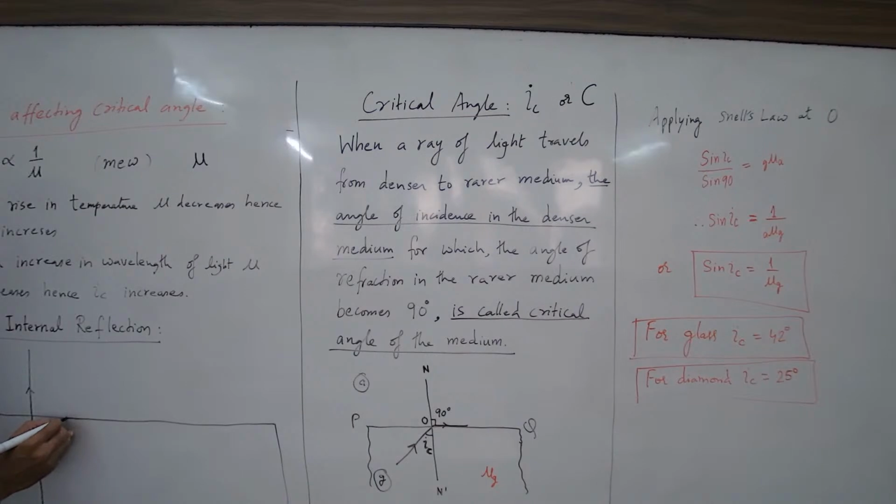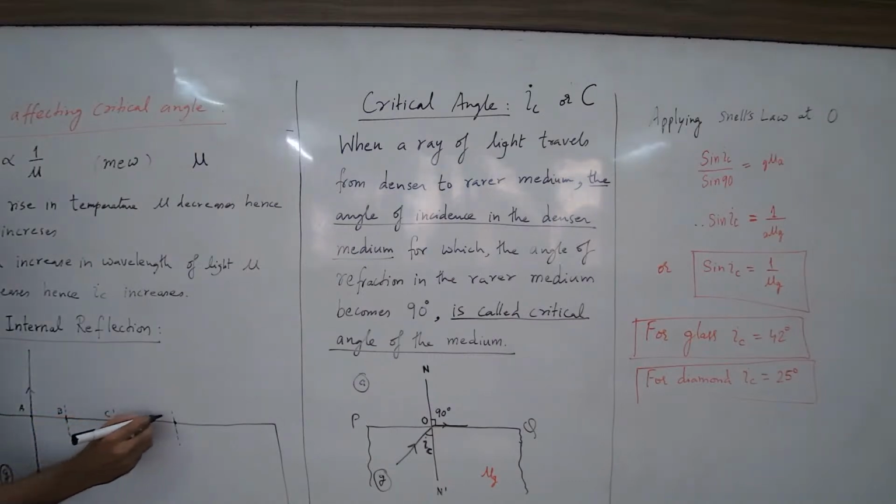Now consider some points here. 1, 2, 3. Okay. So draw 3 normals. Let's say these are the 4 points. So you have A, you have B, C, and D. So from S to A, it is along the normal, so it will pass off undeviated, right?